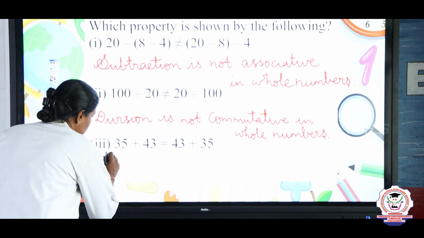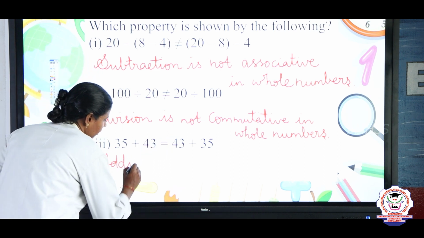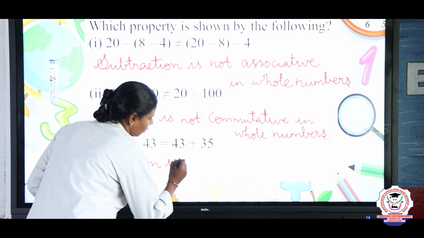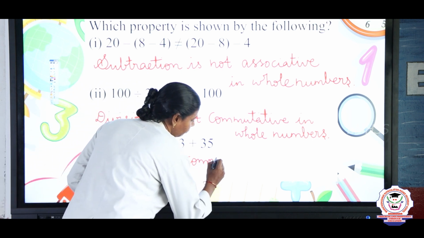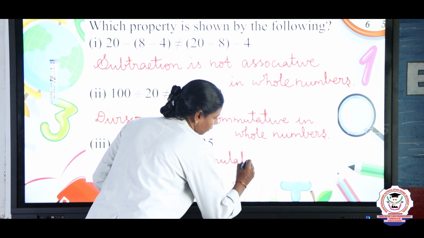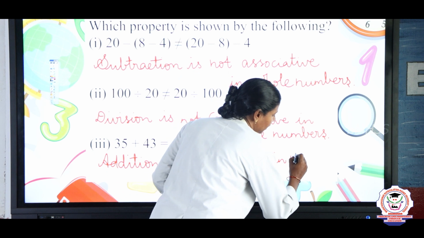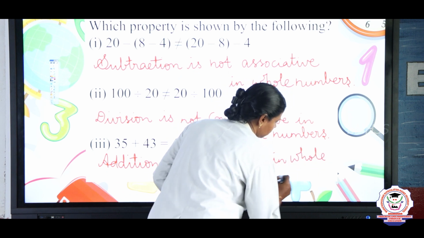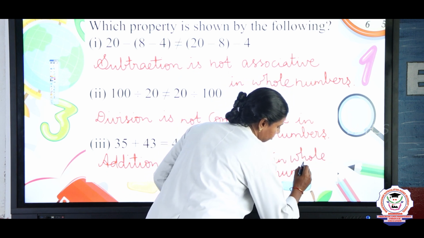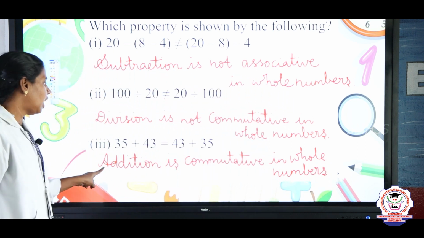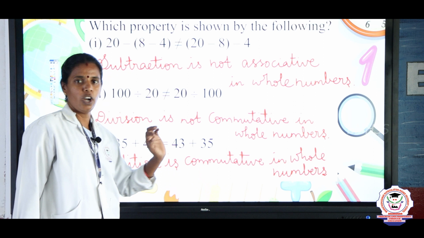So addition is commutative in whole numbers. Is it clear? So addition is commutative in whole numbers.